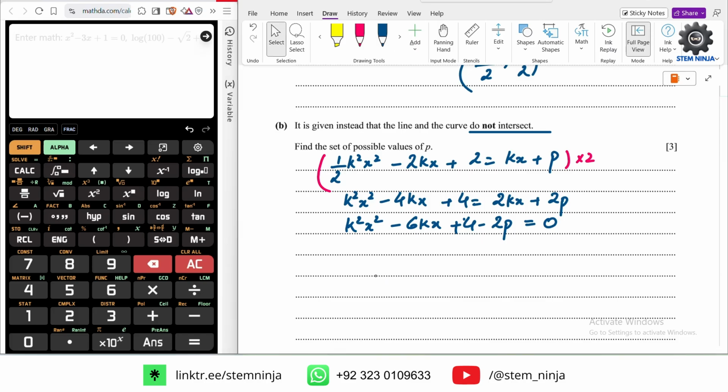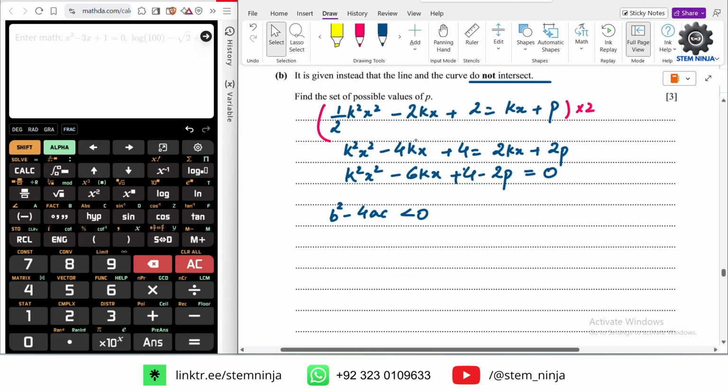Okay, so let's figure out the discriminant. b squared minus 4ac is less than 0, but we have two unknowns.